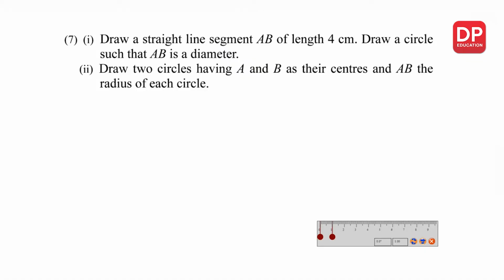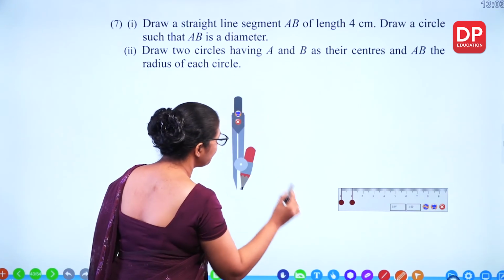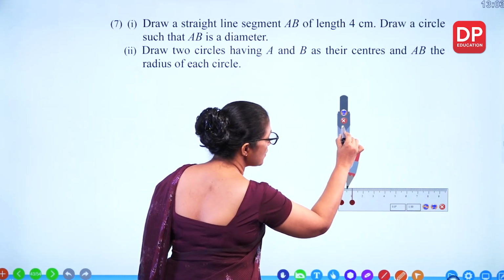Draw a straight line segment AB of length 4 centimeters. Draw a circle such that AB is a diameter. So take the compass, measure 4 centimeter length.